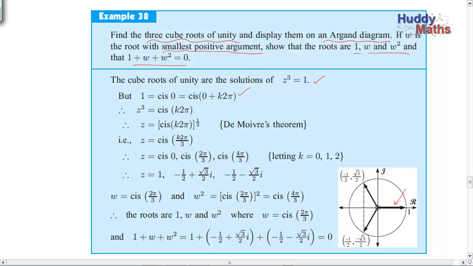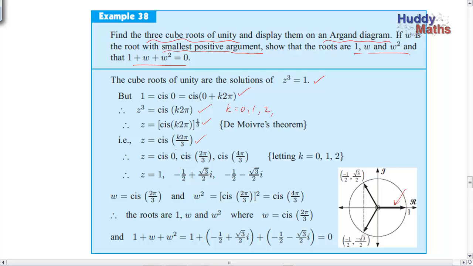So therefore, we can say z cubed is not just equal to 1, it's equal to cis of k times 2 pi, where k is 0, 1, 2, 3, 4, whatever we need. We only need 0, 1 and 2 for 3 roots. So here it is, de Moivre's theorem to the rescue. So z equals cis of k times 2 pi on 3.